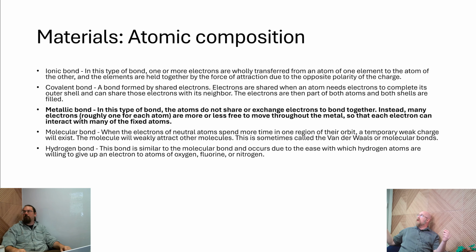An ionic bond is where one or more electrons are wholly transferred from an atom of one element to an atom of the other. There's a complete electron exchange. They swap electrons to cancel out those things. You've got one that has too many electrons, and one that has too few, and then bam, ionic bond.